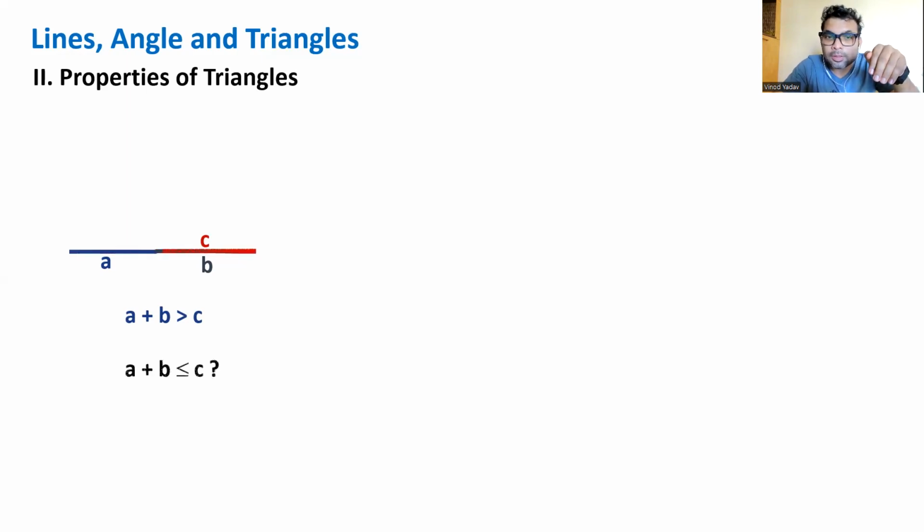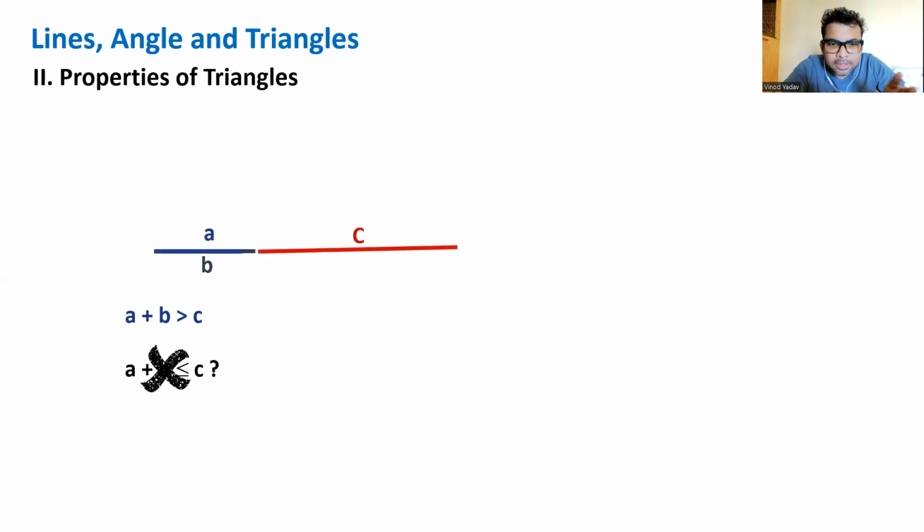Just check. This is equal to or more. That C is crossing A plus B. In that case, what will happen? Just check. A triangle was not possible, friends. We couldn't form one. Means under this condition, a triangle will not exist. Means for the triangle to exist, the sum of two sides should be more than the third side.